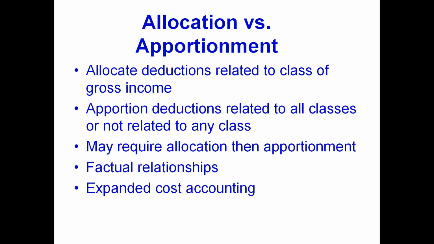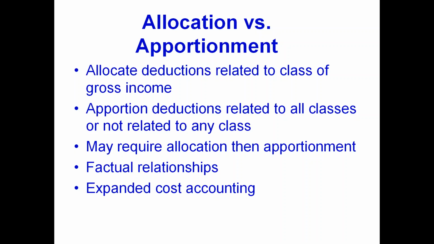So what's the difference between allocating and apportioning? Allocating means identifying a one-to-one factual relationship between a deduction and some set of income. Apportioning means spreading a deduction over some set of income or some other deduction.